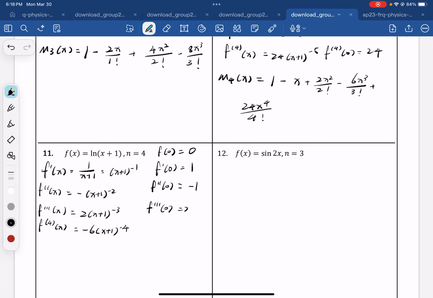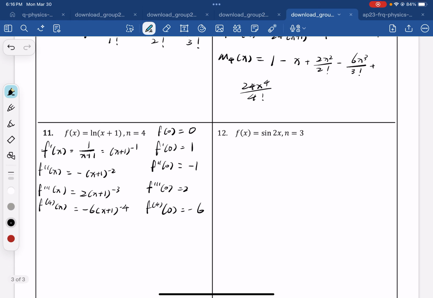So the Maclaurin polynomial for natural log of x plus 1 of degree 4 is M4 of x equals 0 plus x minus x squared divided by 2 factorial, and plus 2x cubed divided by 3 factorial, and minus 6x fourth divided by 4 factorial.